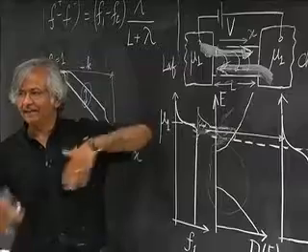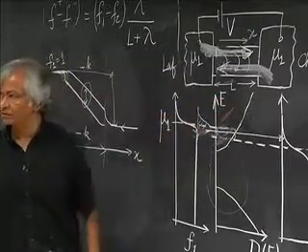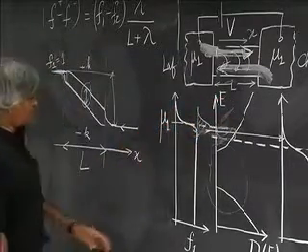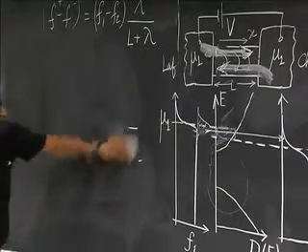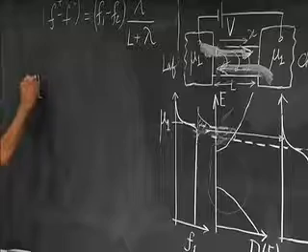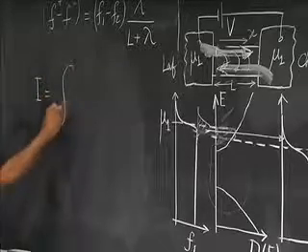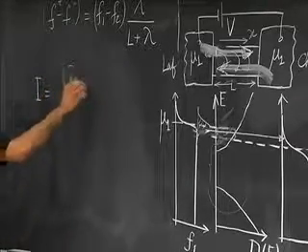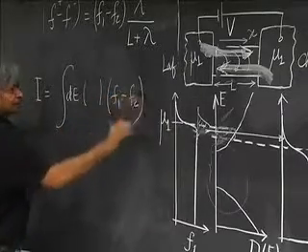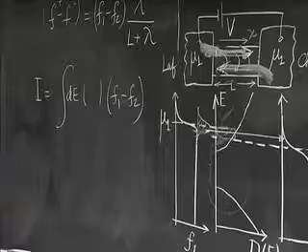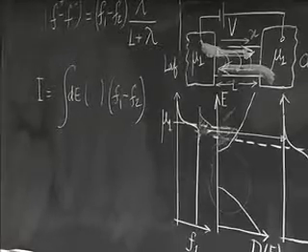There is no inelastic scattering in the process. And that is why you can write the current. The key to our derivation was that we wrote the current as integral dE times something times F1 minus F2. This was, of course, the key point. And once you have F1 minus F2, then we went to the linear response and got all the other stuff.